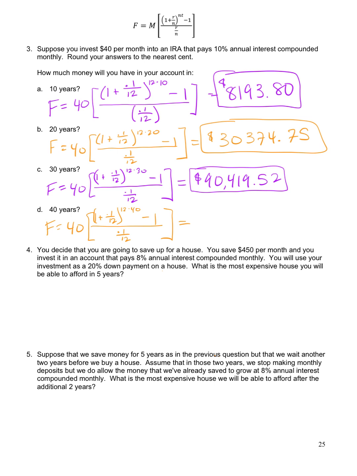I'm sorry that you can't see it. 0.1 over 12 plus 1, raised to the 480, minus 1, divided by 0.1 over 12, times 40. And we have $252,000 approximately.